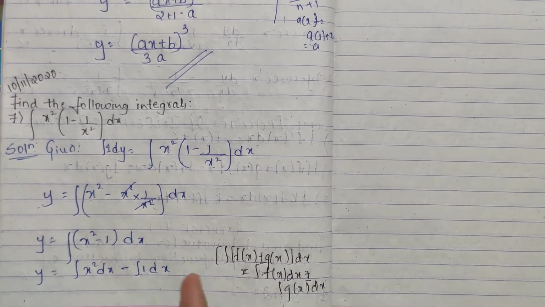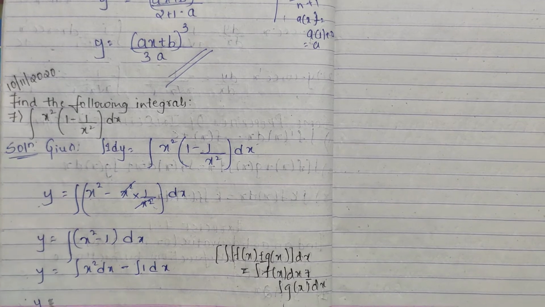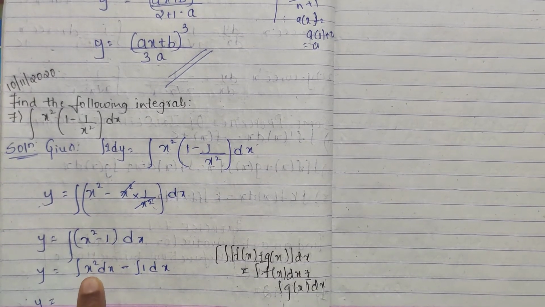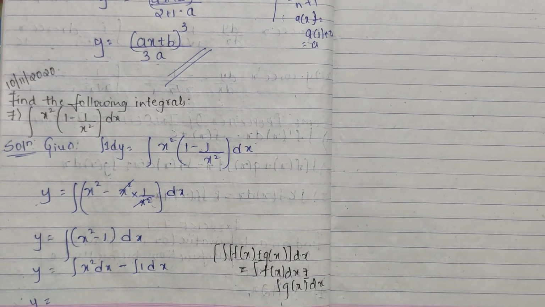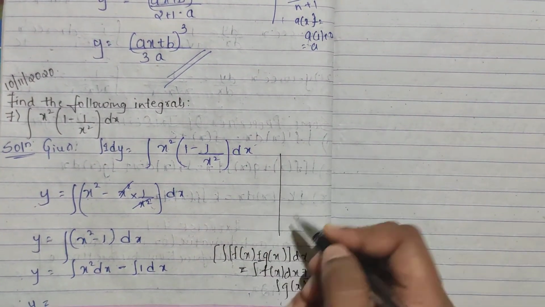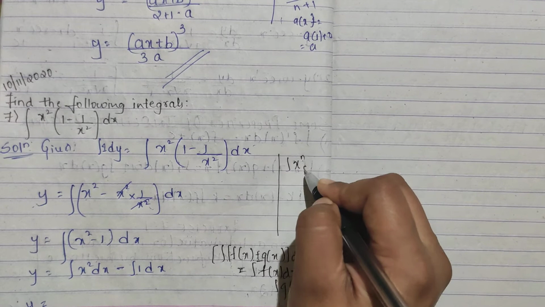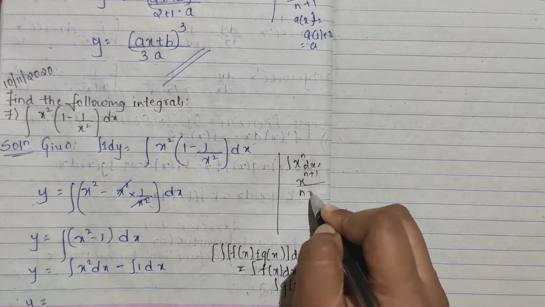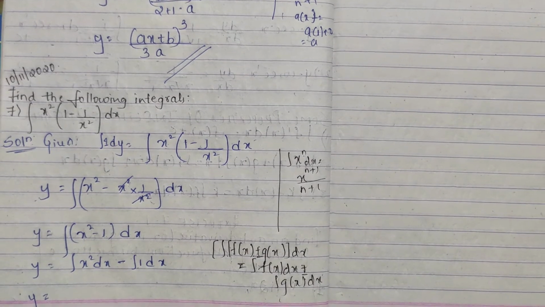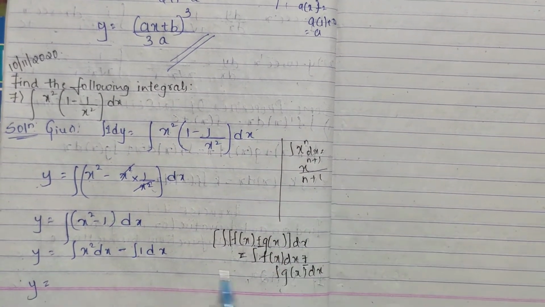So now integrating, y is equal to, this is integration x raised to n, right? Where shall I write? Shall I write here? Integration of x raised to n dx, how is it given? X raised to n plus 1 divided by n plus 1, right? So here it is x square. So what does it become?